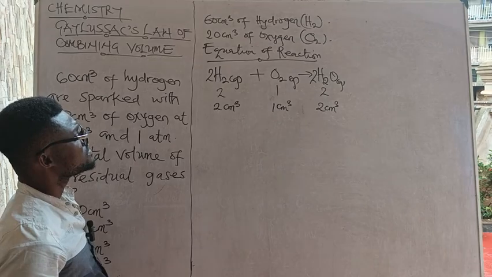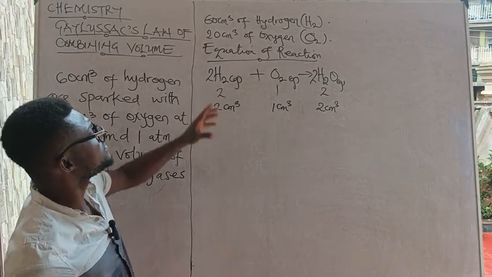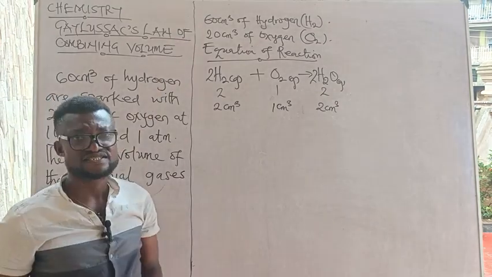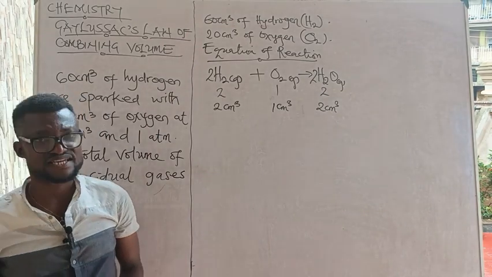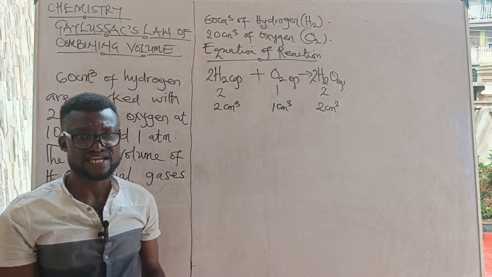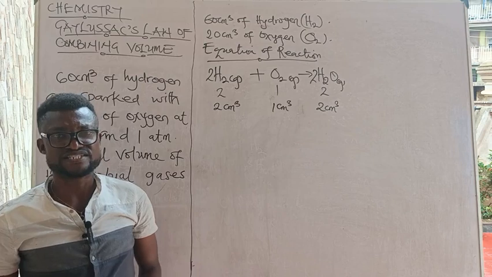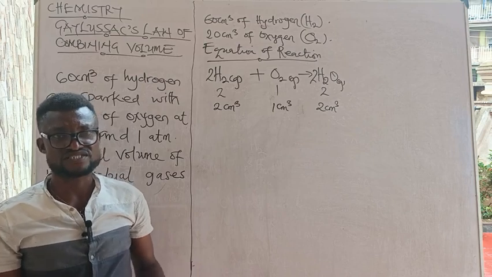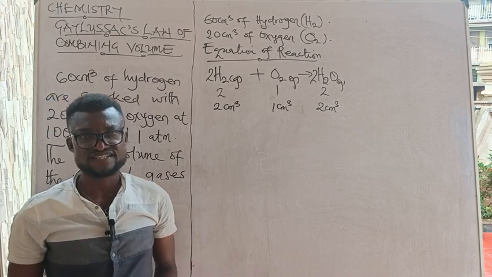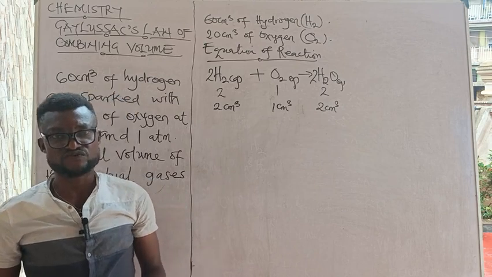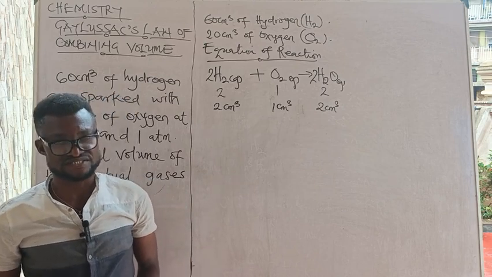Now, you need to know from the 2 gases, the one that is in excess and the one that is in limited value. The one in limited value, which is known as the limiting reagent, is the one that will determine the volume of the product that will be yielded.